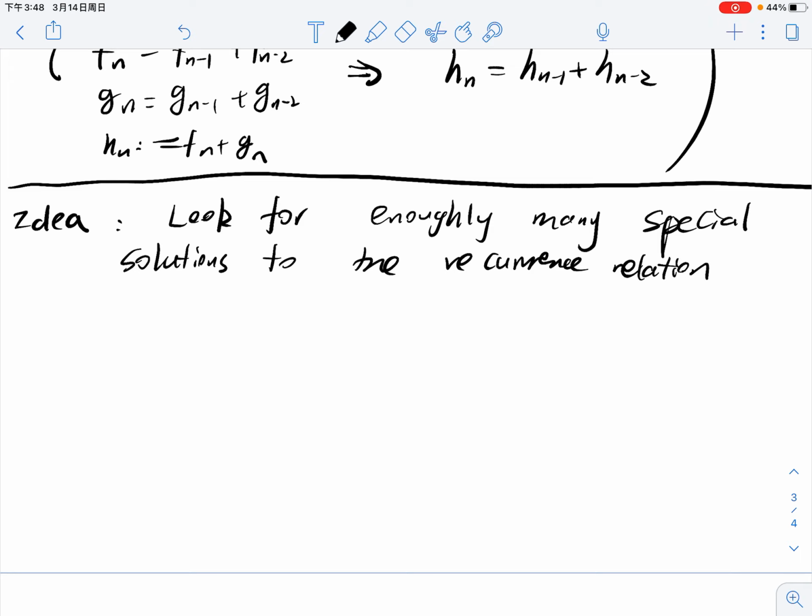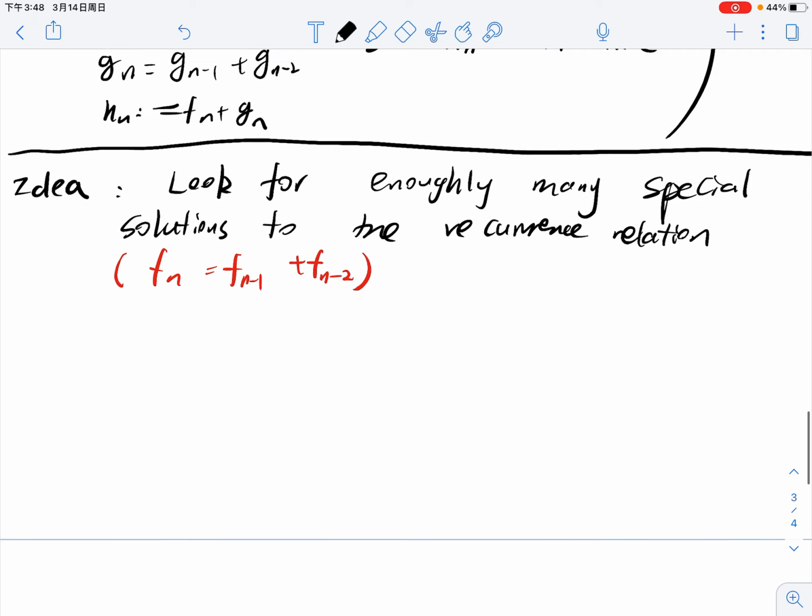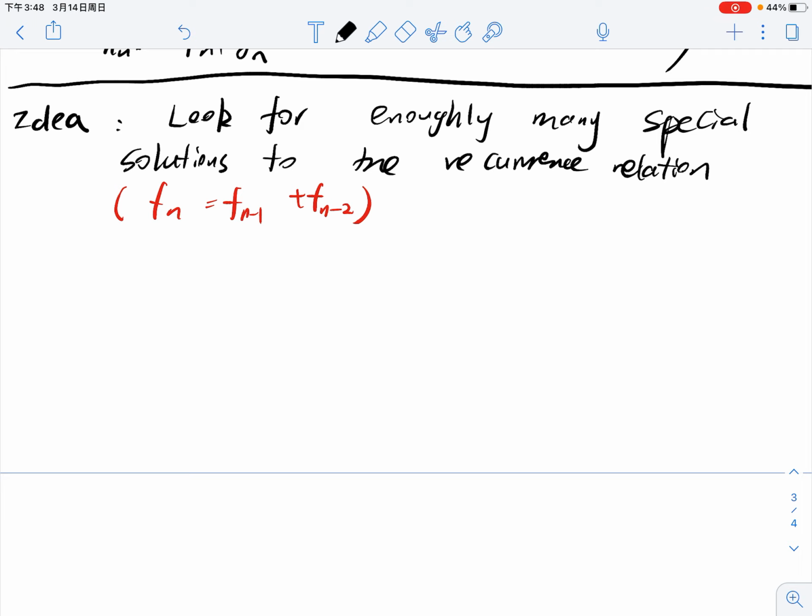So here the relation is this one. Later on we will generalize it very easily to some other, a little bit more general case. Okay, so first step, you look for enoughly many special solutions, and then do a linear combination of special solutions.